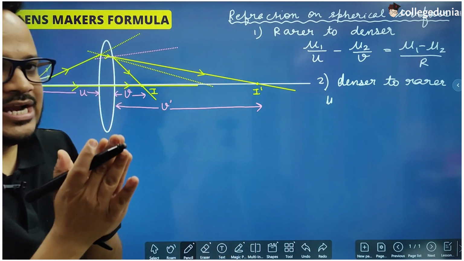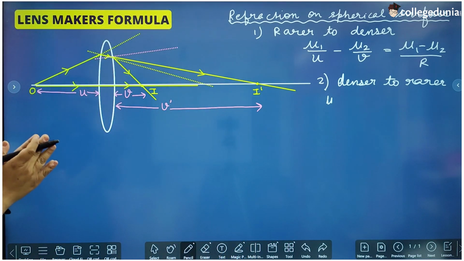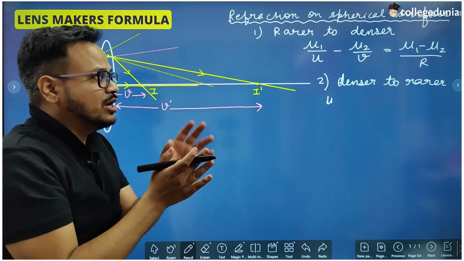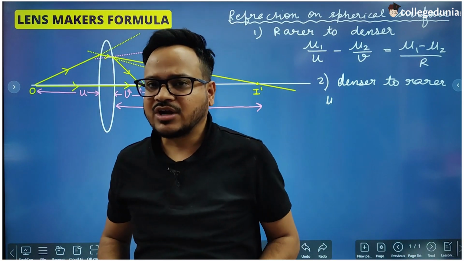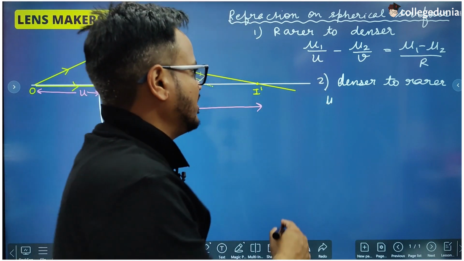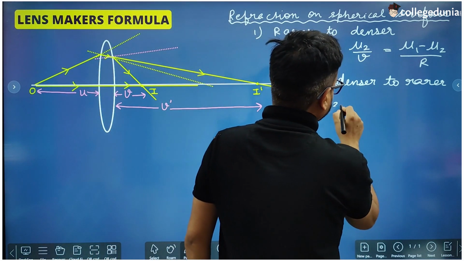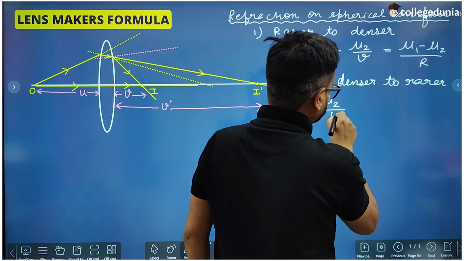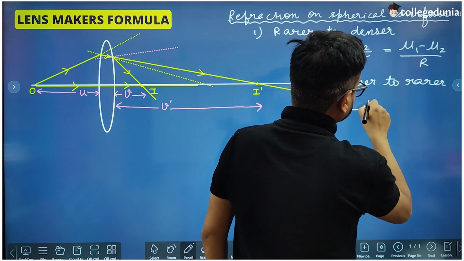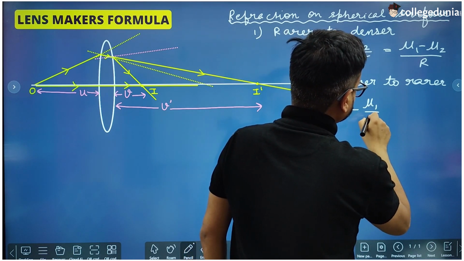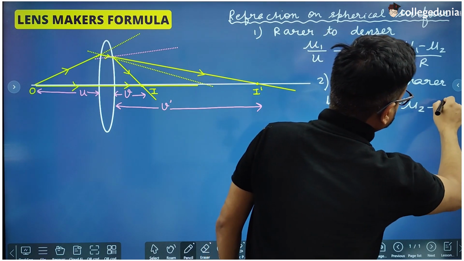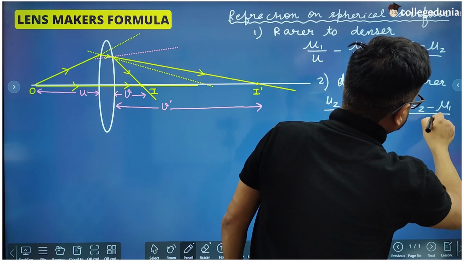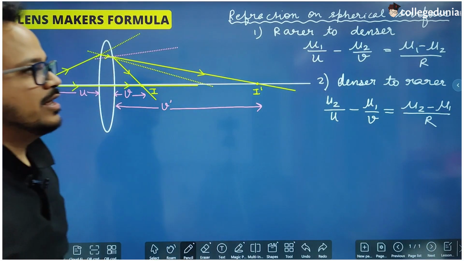You just have to write 2 in place of 1 and 1 in place of 2. Here mu1 is the refractive index of the surrounding medium and mu2 is the refractive index of the lens material. So when it goes from denser to rarer, this is the formula.